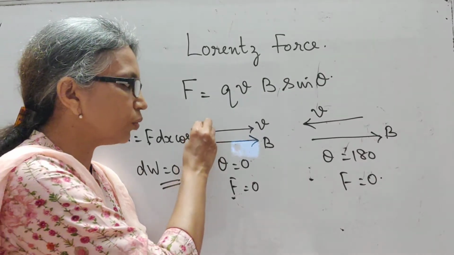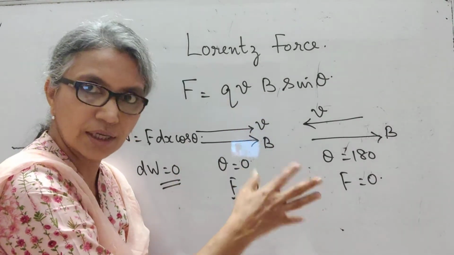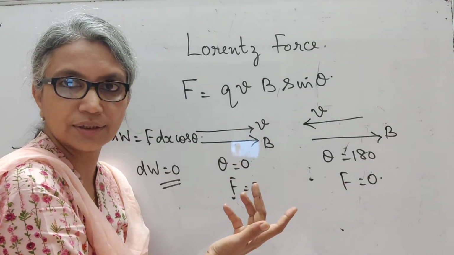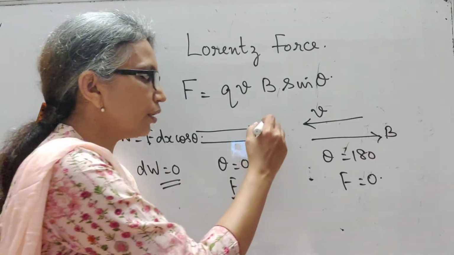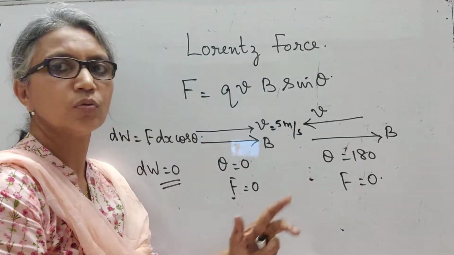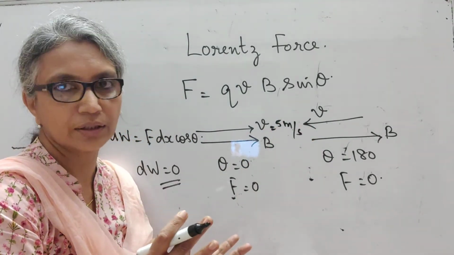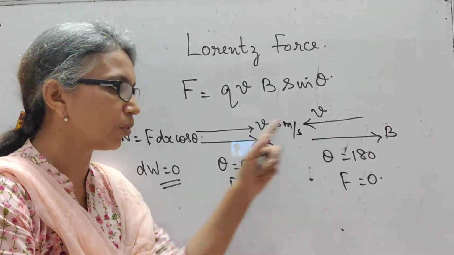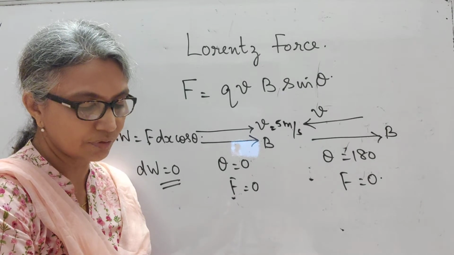So your particle will continue to move in the same direction without any change in its velocity, because no change in kinetic energy. So basically if this entered with let's say 5 meter per second, it will continue with the same direction and same magnitude, no change in velocity, either in magnitude or in direction in both the cases. So what are we saying?